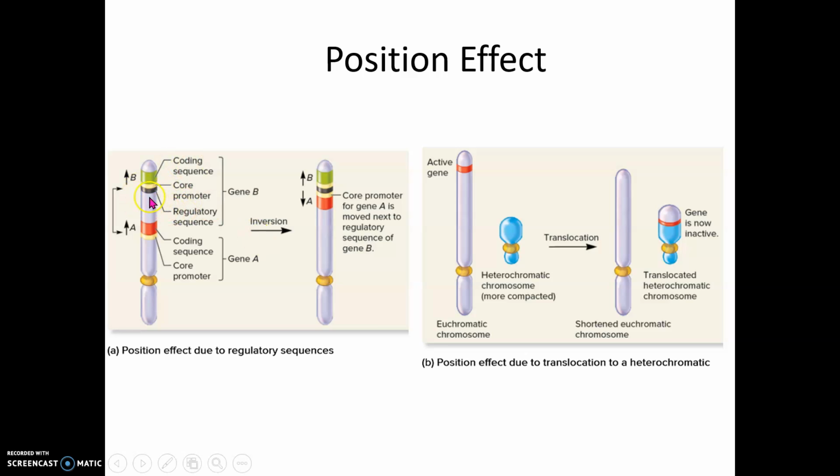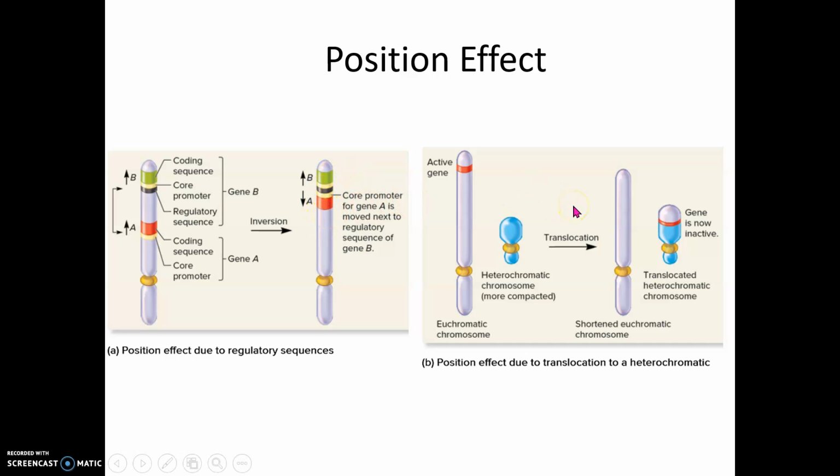So if we look here, and we have this A and B, if we move A up here by B, and now let's say this is an enhancer, this regulatory sequence, and we move A up there close to it, we're going to hop over the insulator if it has one. Now that regulatory sequence can control both A and B. So whereas here A didn't have an enhancer, here it does. Now we could be ramping up how we're expressing this, and that's going to be a problem because it's not supposed to be expressed as much.